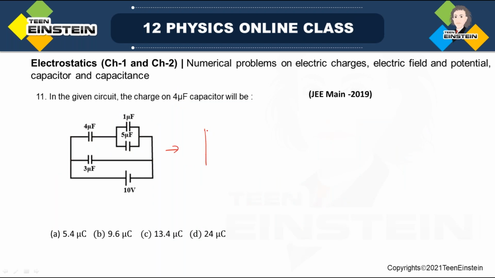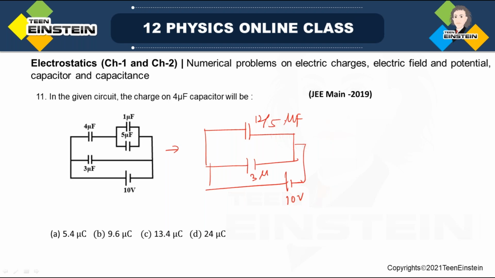Okay, let us go with the equivalent circuit. Here it is, equivalent capacitance we have found out, 12 by 5. Okay, and this is 3 microfarad. This is 10 volt. In these two branches, Q2 will be flowing. So this is Q1.